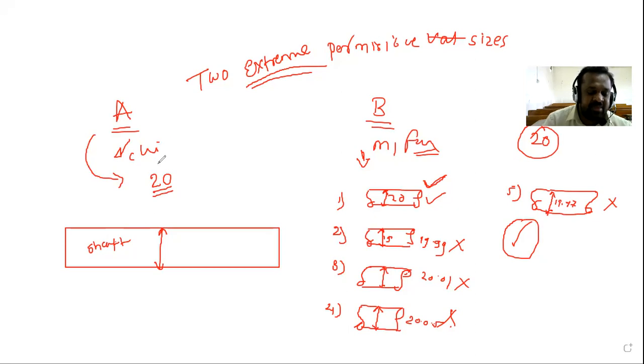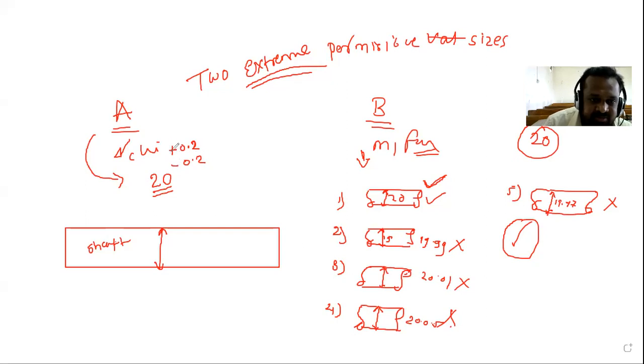For example, plus 0.2 and minus 0.2. Suppose such a variation, an allowable variation, they have given.